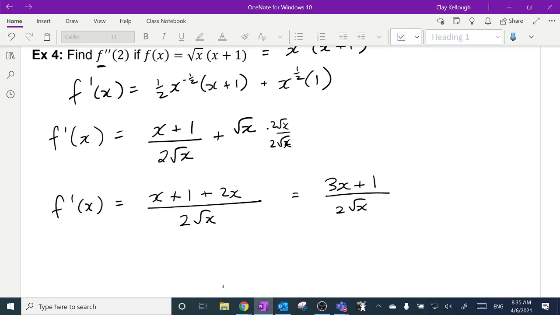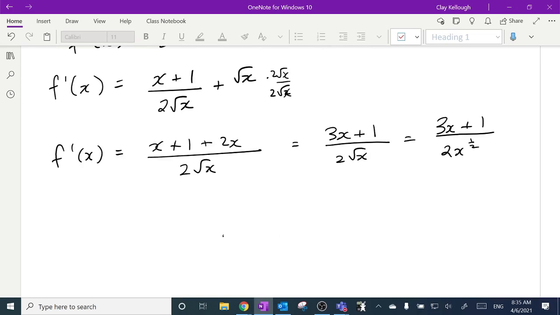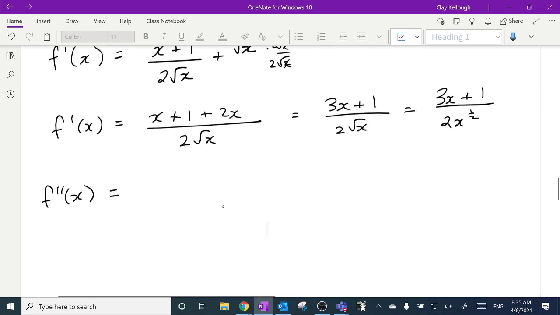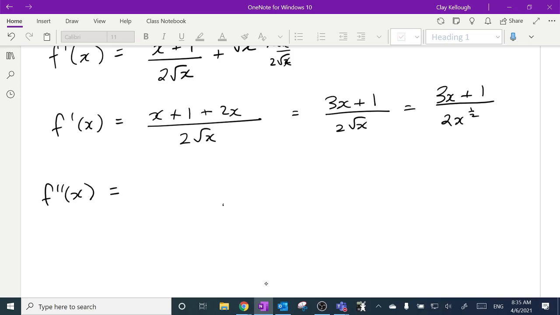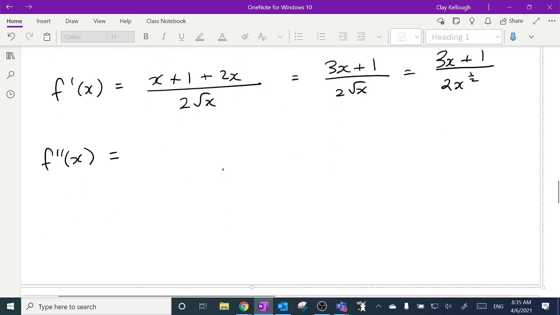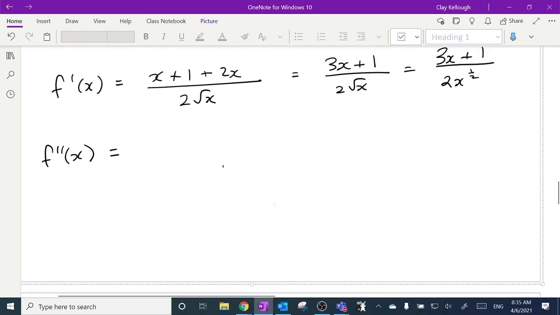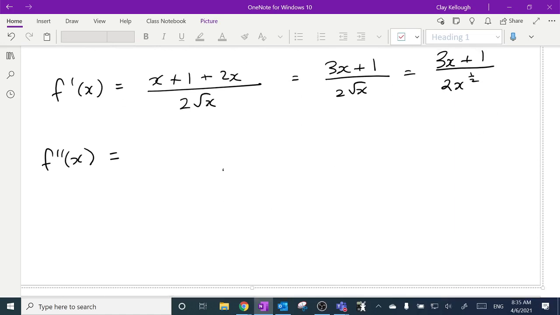And then since I have to do the derivative of that, maybe I'll switch back again to a fractional exponent. And now let's find the second derivative. Now that it's in a fairly easy form to work with, I can just work with this as a quotient law. So how does quotient law work?